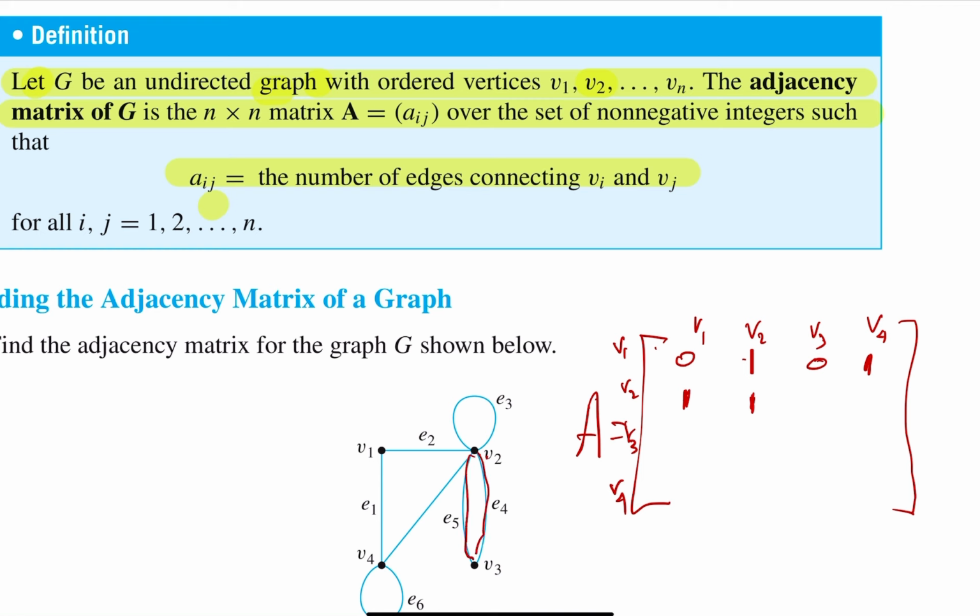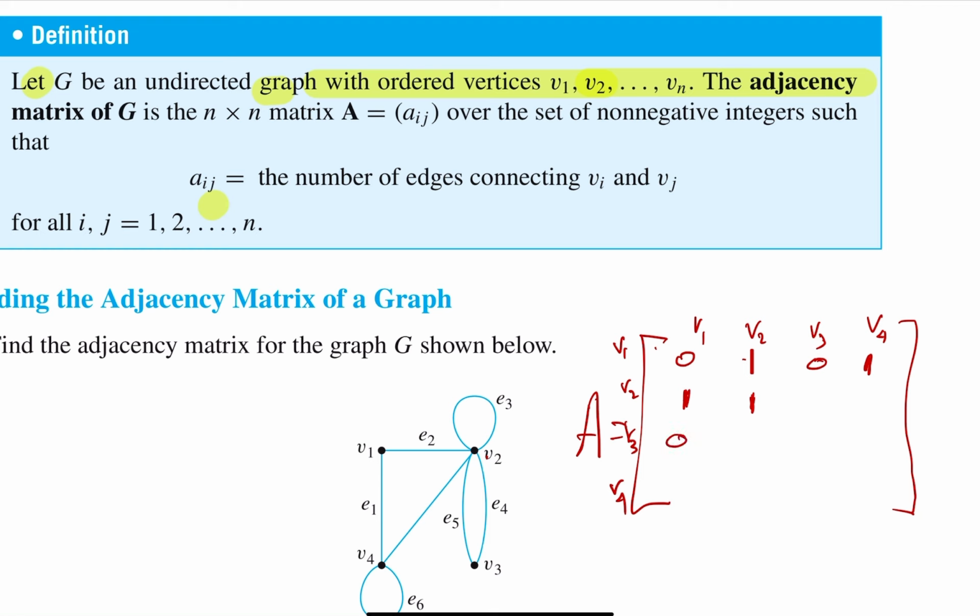We have 2 edges. There is no direction. What does it mean? It is an undirected graph, so both can go in both directions. So at V3 to V1 we have 0.